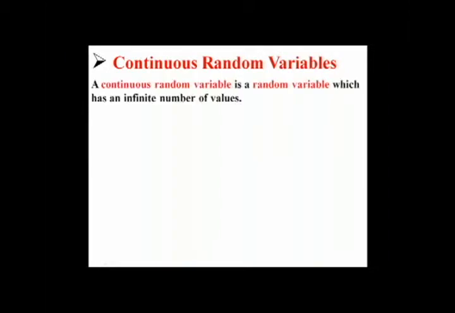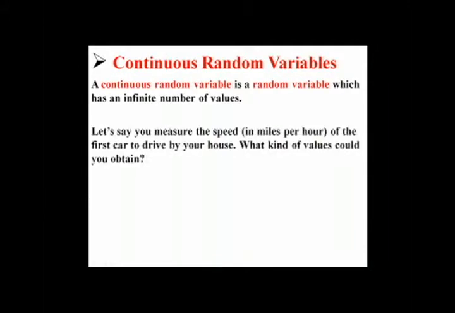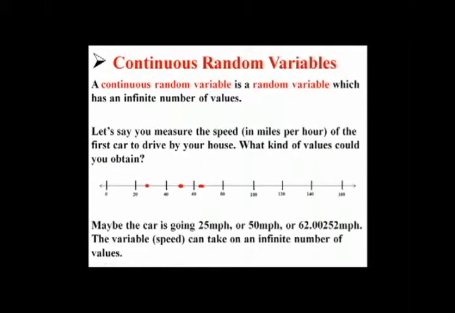But if you have something that is a continuous random variable, that is a random variable which has an infinite number of values. Like let's say you measure the speed in miles per hour of the first car to drive by your house. What kind of values could you obtain? Well, you could get something like 25 miles per hour or 50 miles per hour or 62.00252 miles per hour, or something even faster or slower than that.